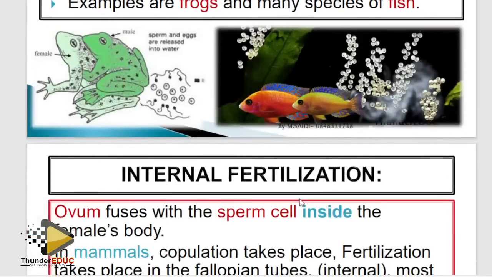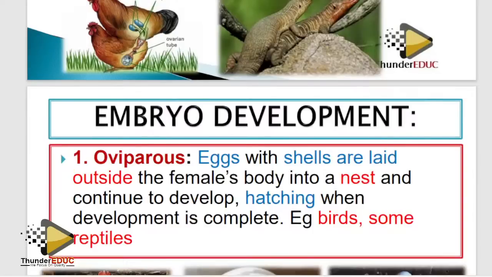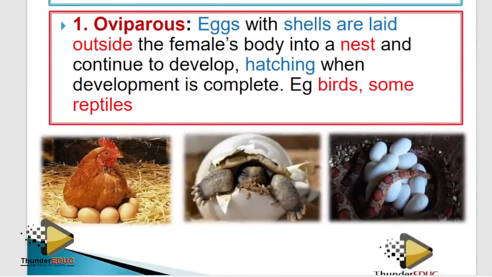So take note of the examples which occur in external fertilization and internal fertilization. You need to know the examples of each, because if you don't, you won't be able to identify which organism belongs to which mechanism of fertilization. That's number one.